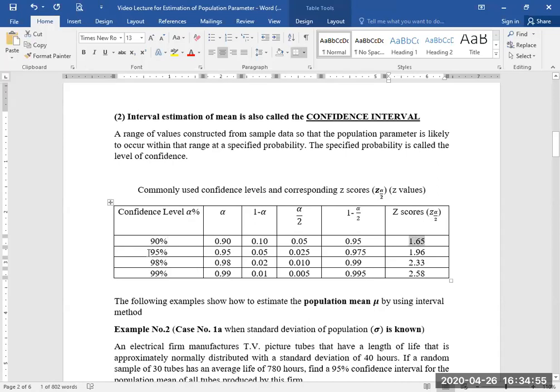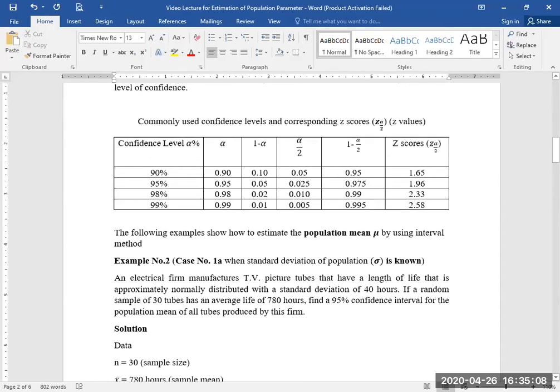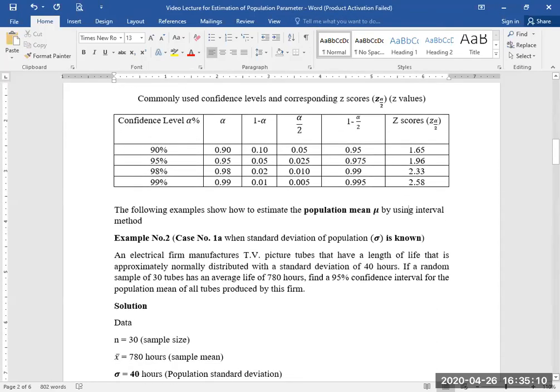Another example is 95%, which means 0.95 probability, and the corresponding Z score is 1.96. Students, I will make a separate video in which I will explain how to calculate the value of the Z score for a specific confidence level.